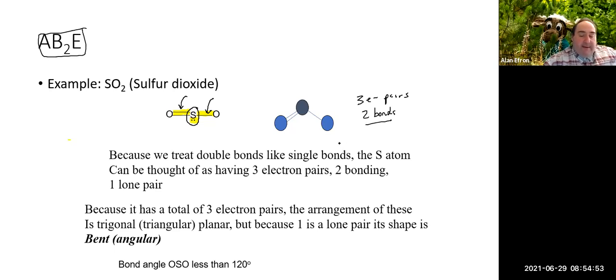Now, for the electron pair geometry, as I mentioned, that name does not change. We have 1, 2, 3 electron pairs, and something with 3 electron pairs is known as trigonal planar.